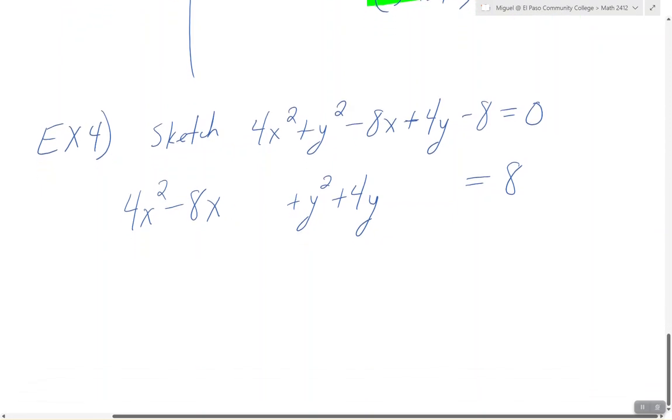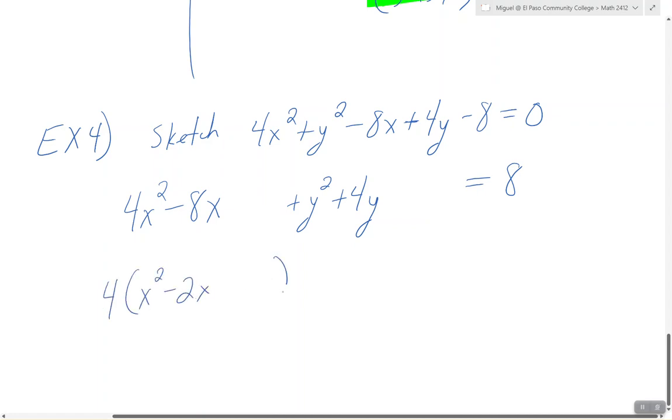Factor out any constants from the two like terms that you have in front of the x squared, right? So 4x squared, for example, factor out the 4 from these two. So whatever's in front there. Leave a space. The y does not have one, so we just rewrite it.